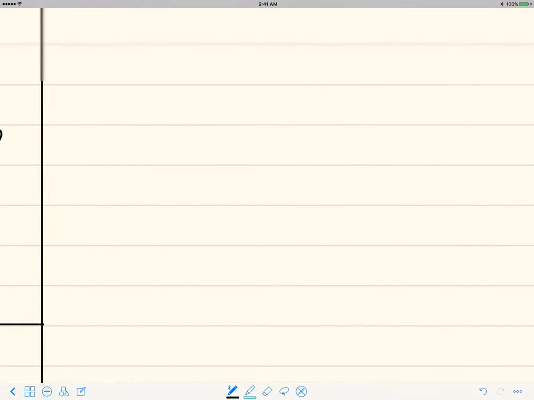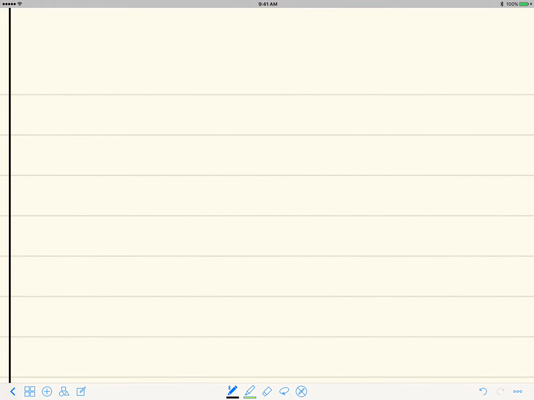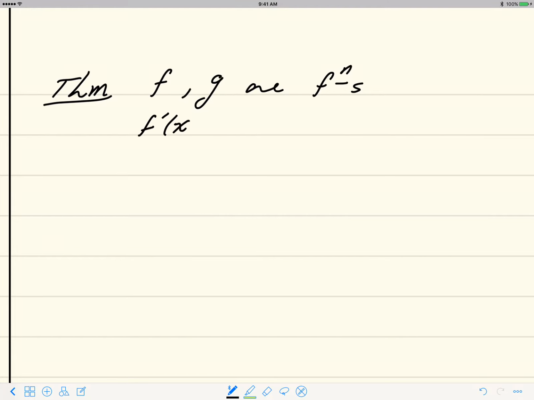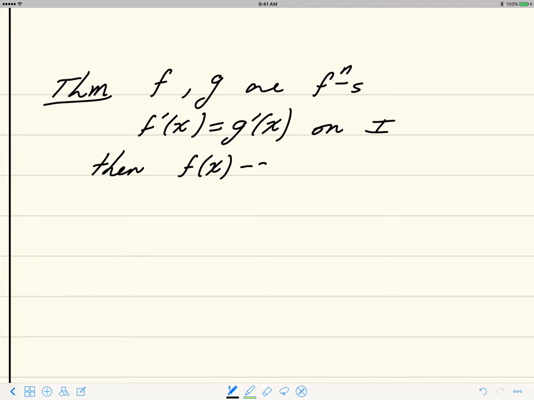The next theorem is going to say that if two functions have the same derivative everywhere, so let's write that down. f and g are two functions, and they have the same derivative. f prime of x equals g prime of x on an interval I. Then what this theorem is going to say is that the difference between these two functions is always a constant.